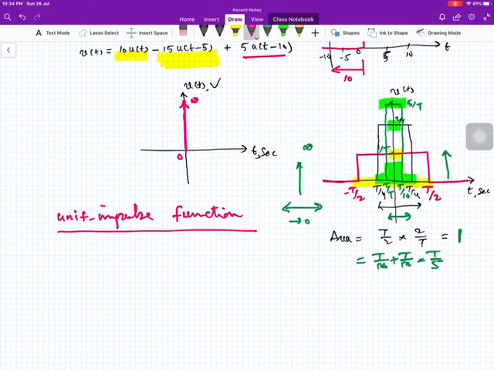The course is Signals and Systems, and the unit impulse function represented by delta, it is function of time. We call it 0 for t less than 0.